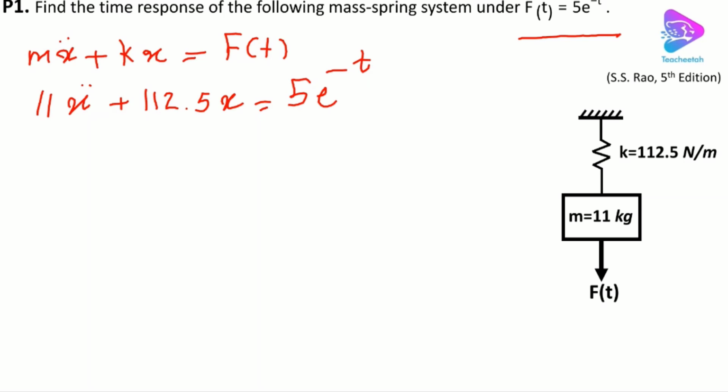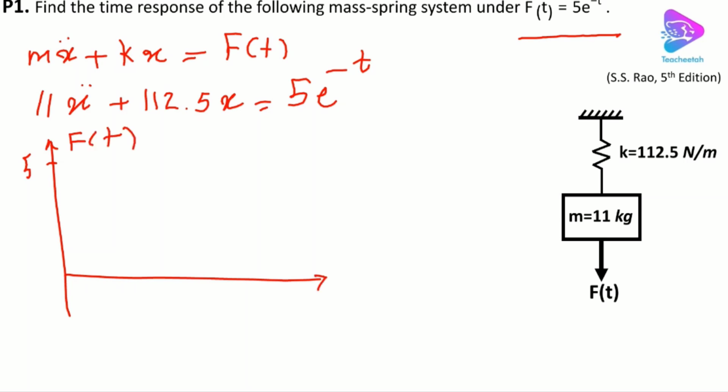As you can see here, the force is a decaying exponential force, which means that if we draw it approximately, it starts at 5 newtons. So this is f(t), and because the power of the exponential is -1, it is decaying and goes to 0 as t increases.